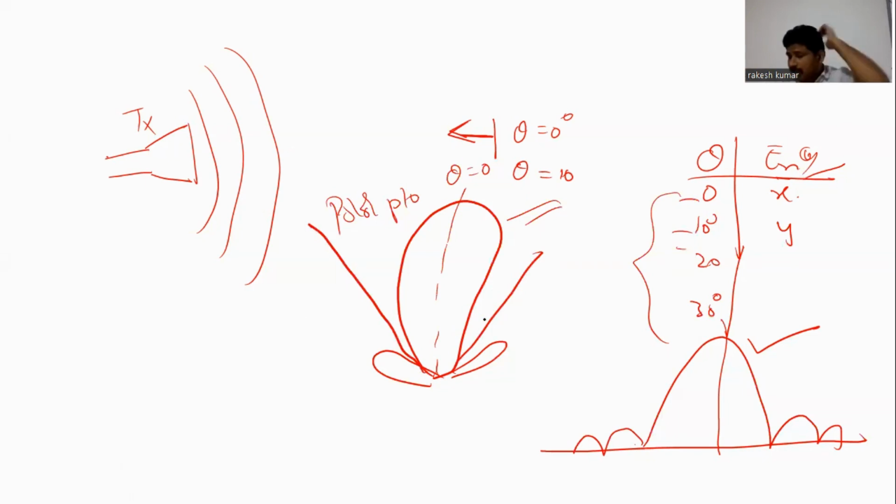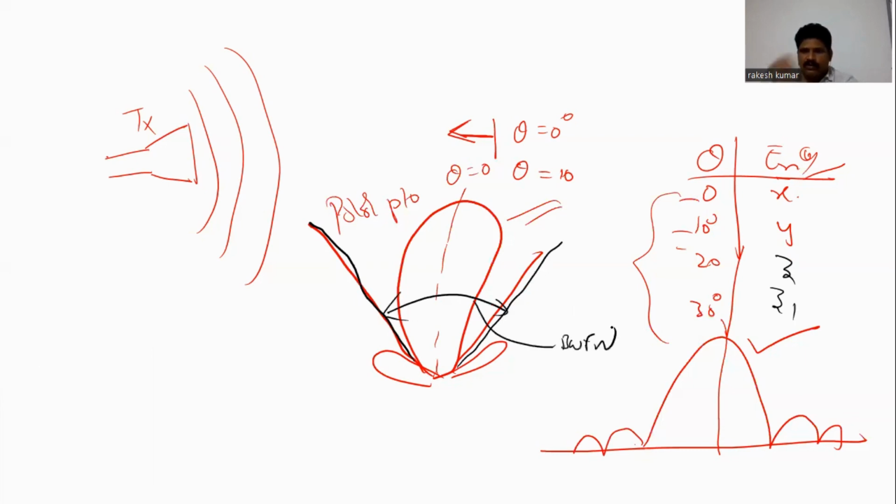For example, taking these values, if this is my radiation pattern, this is my first null. So I can calculate the beam width between first nulls.